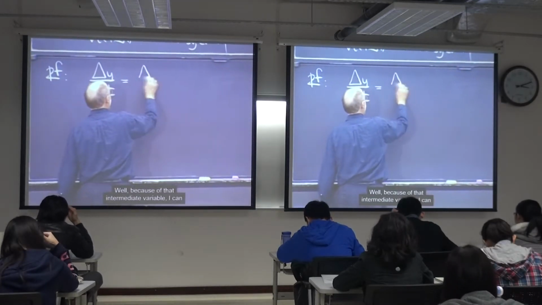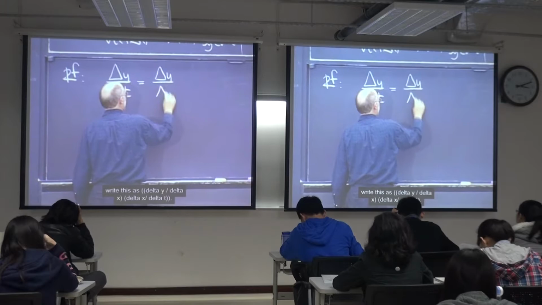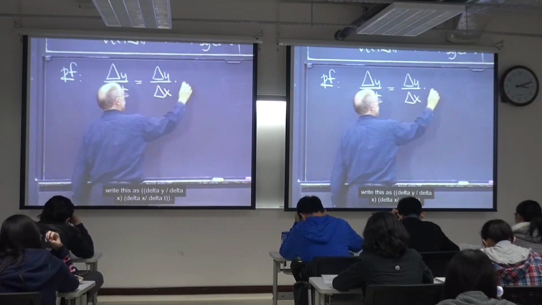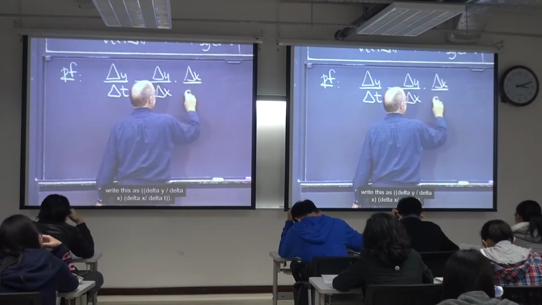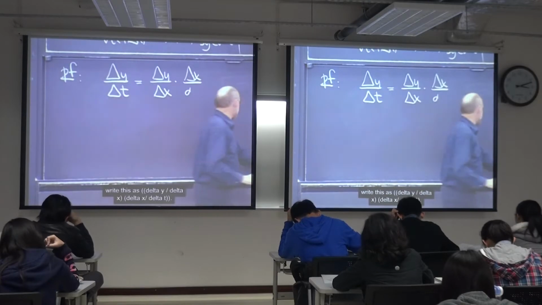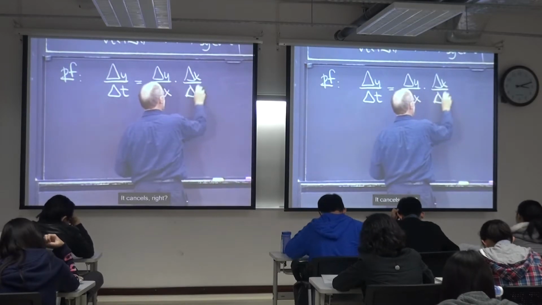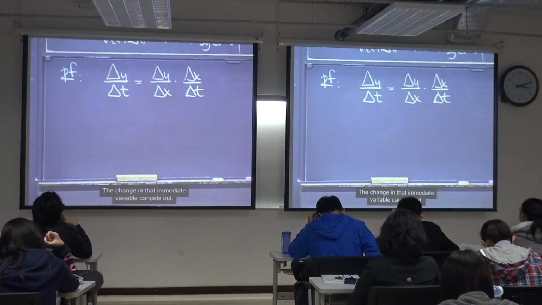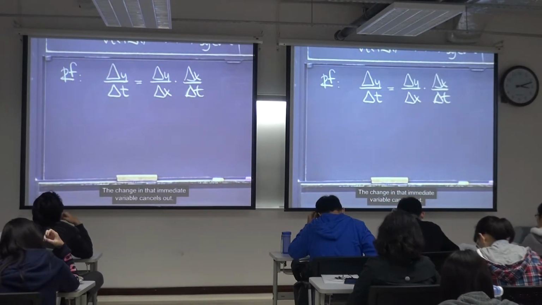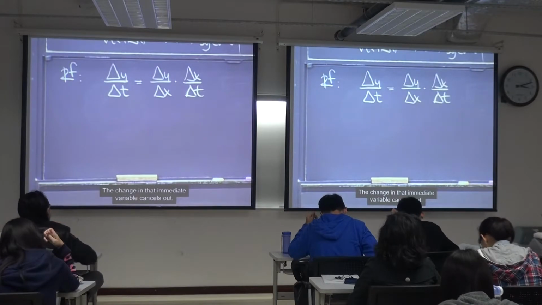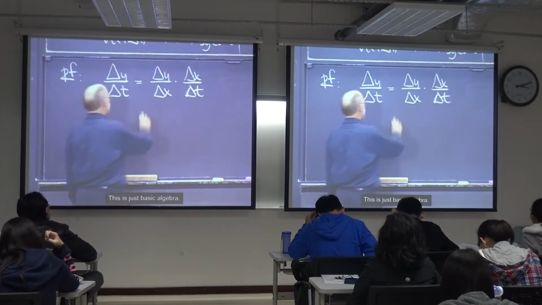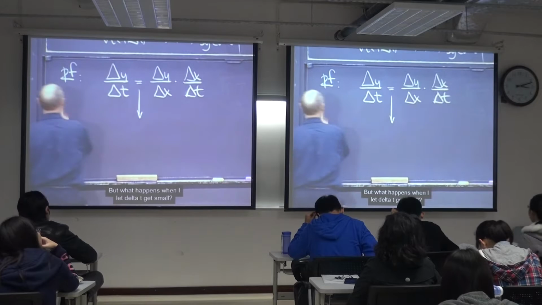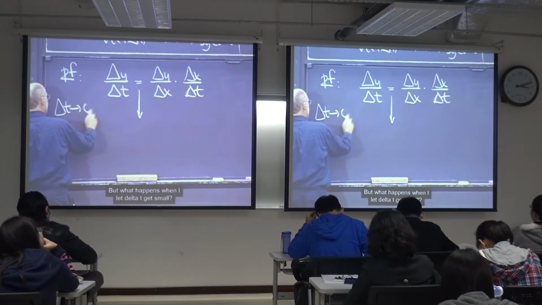Well, because of that intermediate variable, I can write this as delta y divided by delta x times delta x divided by delta t. It cancels, right? The delta x cancels. The change in the intermediate variable cancels out. This is just basic algebra. But what happens when I let delta t get small?